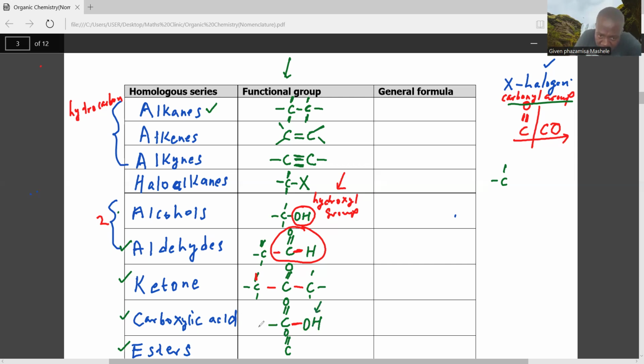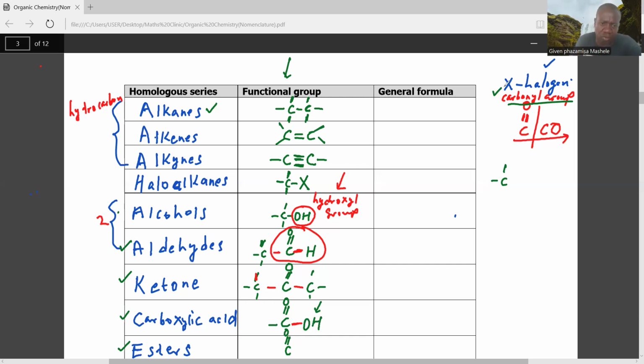For example, if we attach hydrogen, this will become methanoic acid. But now you need to know that aldehyde, ketone, carboxylic acid and ester all have this carbonyl group, not necessarily as a functional group.